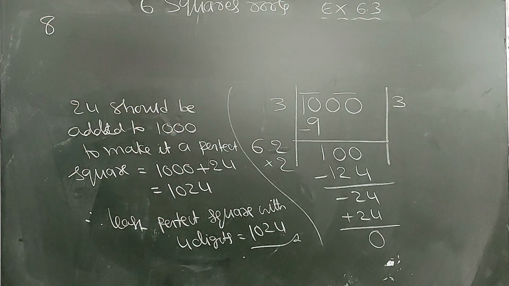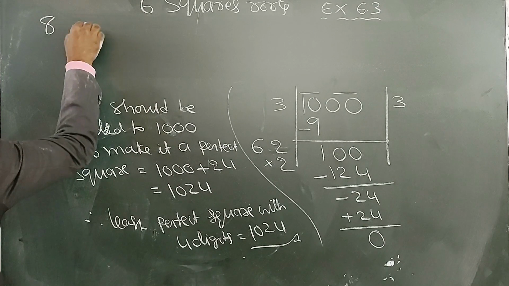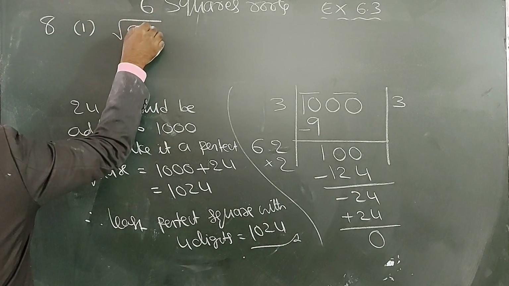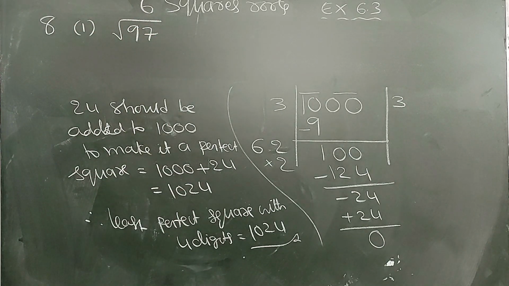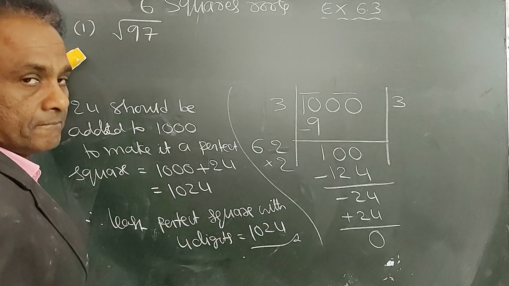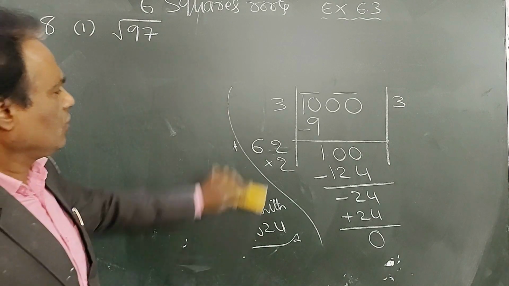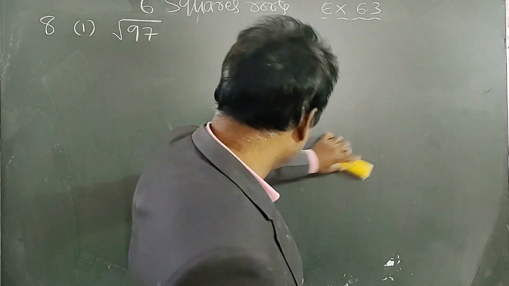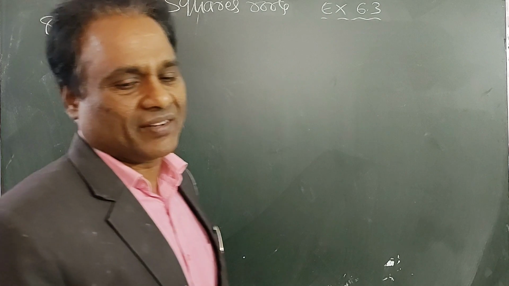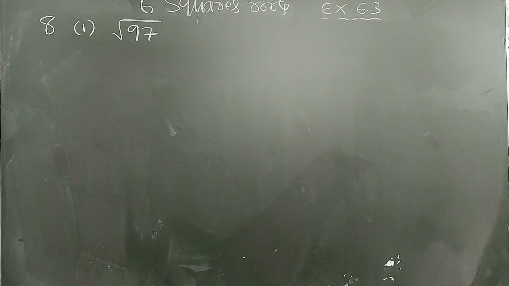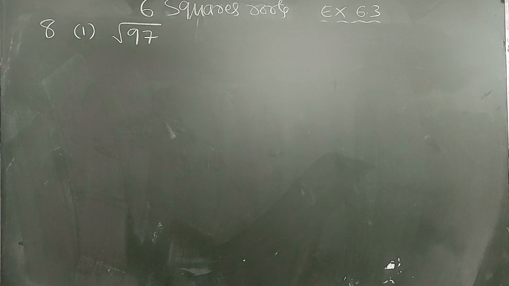Last problem, students, the 8th one. Students, root 97, we won't get any integer. 97 is not a perfect square.